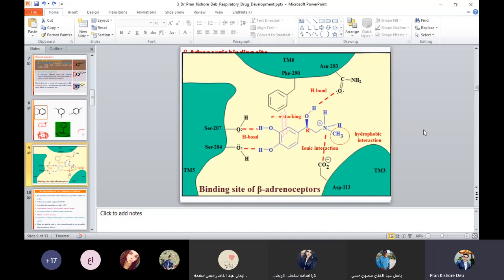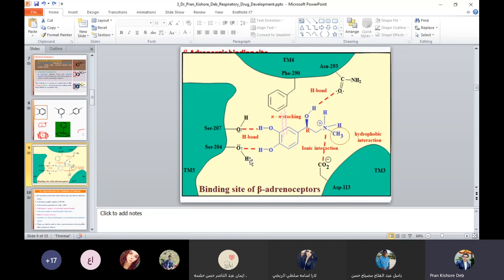Okay. So 2 types. Can you tell me which and what? The phenolic OHs and the catecholic OHs. No, not catecholic. Phenolic itself is catecholic OH. The phenolic OH that is in catechol form. So if phenolic OH, what does it mean?